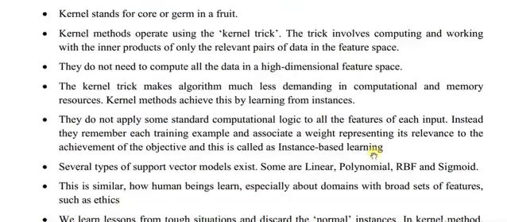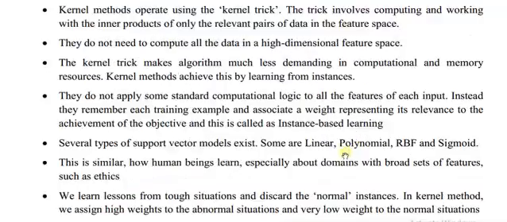This is similar to how human beings learn, especially about domains with a broad set of features such as ethics. What is the human nature of learning things? We learn from tough situations and discard the normal instances. In the kernel method, we assign a high weight to the abnormal situation and a very low weight to the normal situation.